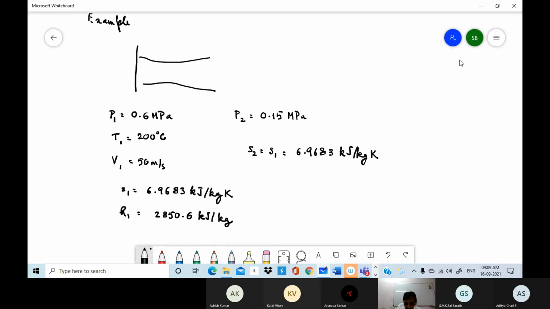So what we need to do now is go back to the tables, check for this pressure and find out where is the point where it has entropy this much. Just thinking it out, it was superheated steam, it is being expanded, so the temperature is coming down, because it does work during expansion, and that work comes at the expense of the thermal energy.